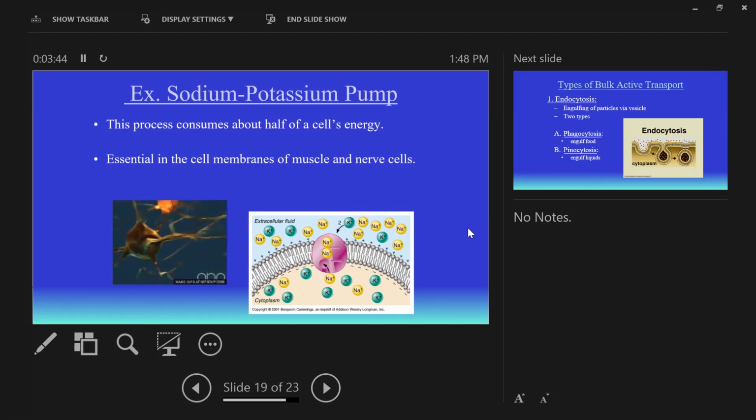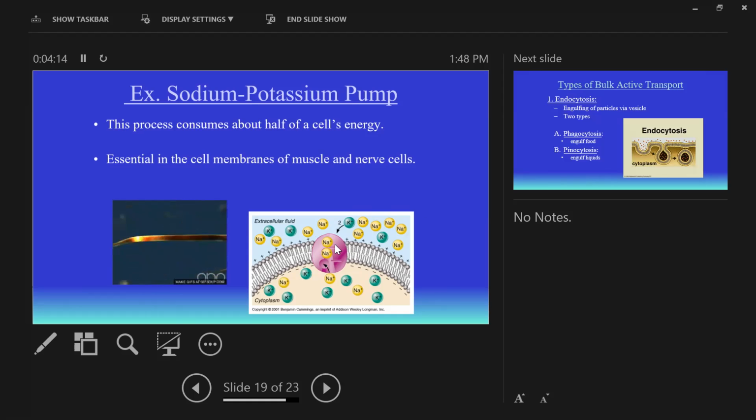If these levels get off, if there's too little or no potassium or too little sodium, it's going to cause problems in the contraction of our muscles and in our neurons. So think about if you get a cramp, your muscles have stopped releasing that contraction. They have held that contraction. If you've had a cramp, you know exactly what I mean, but your muscles are contracted and they aren't letting go.